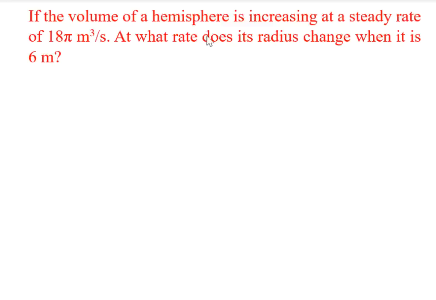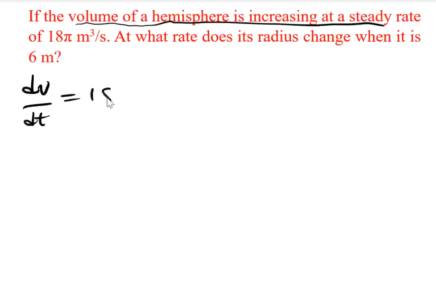The rate at which the volume is increasing steadily, that is dV/dt, is equal to 18 pi meter cube per second. Then we are asked to find the rate at which the radius changes, so we're asked to find dr/dt.